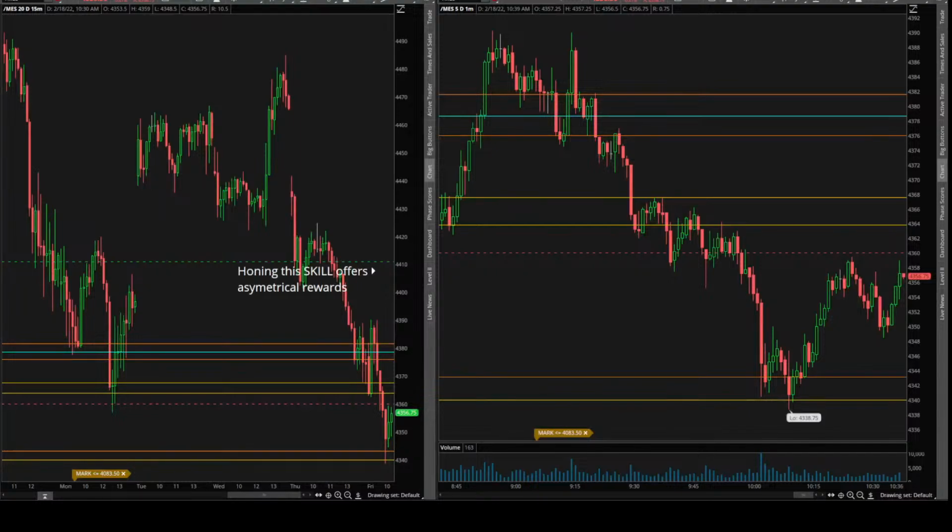Got a little bit more left on the 5 minute. We only got a 50% retracement. I'm still looking for this. I'm going to be kind of particular on this trade. Maybe it'll cost me, but I'm looking for that push up.